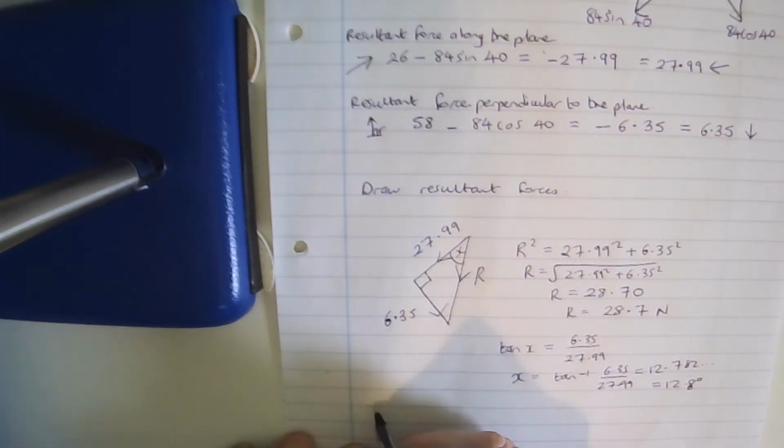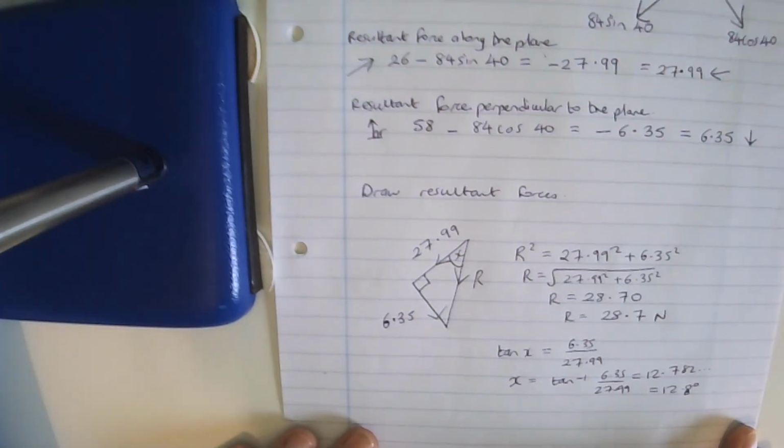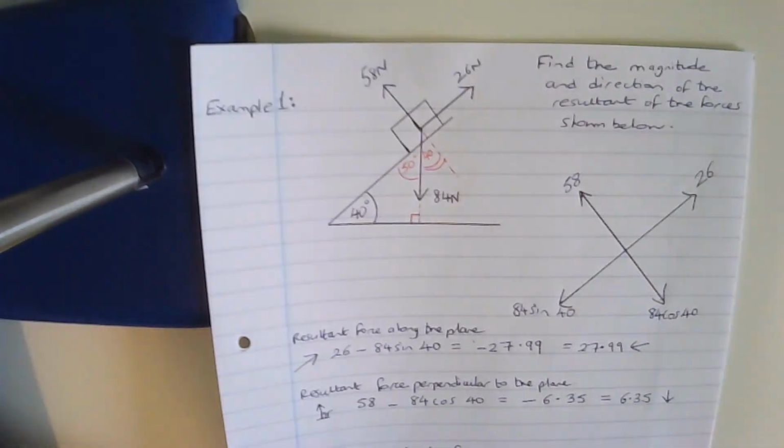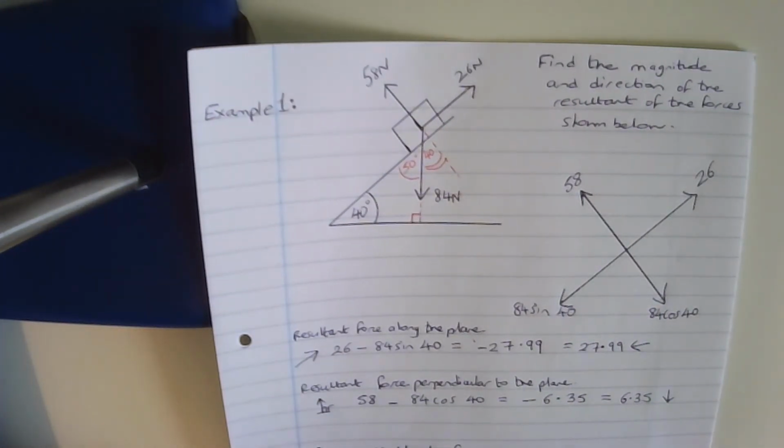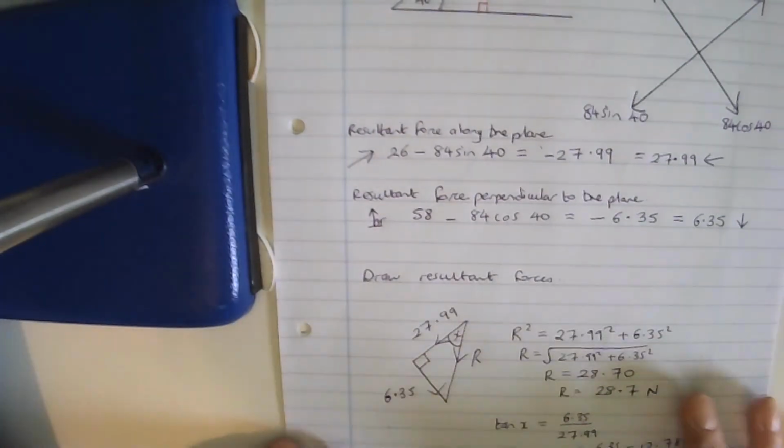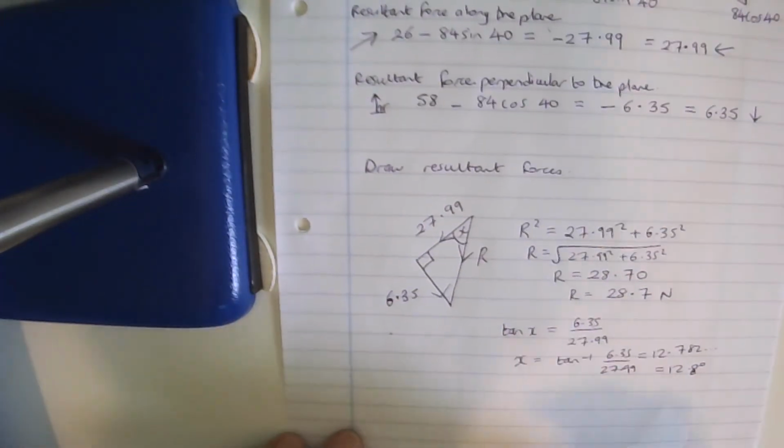So we can write that, what have we got here? We were asked in our question at the start to find the magnitude and direction of the resultant of the forces shown below. We have now got the resultant of the forces, and we have the magnitude and direction.